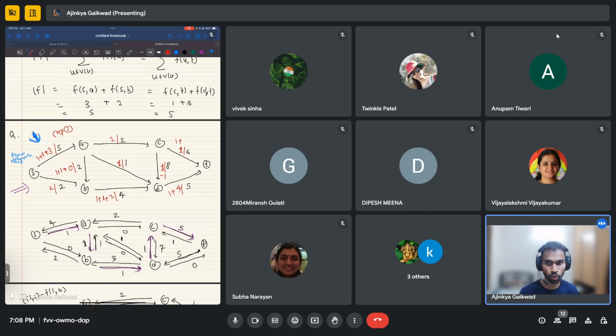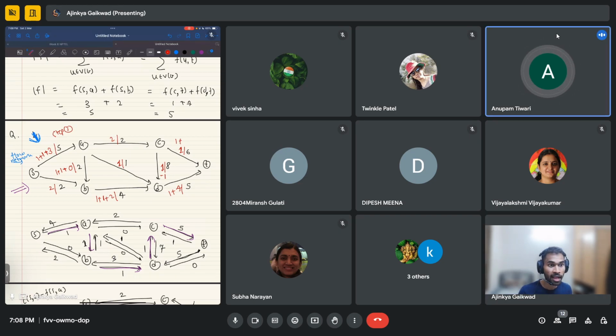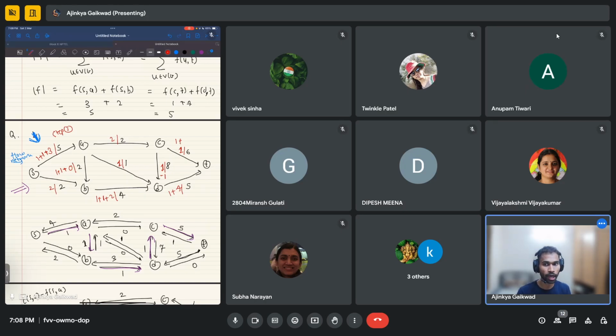Is reverse flow possible? No, so that's what I'm saying. How do I use the augmenting path to increase the flow? While I'm going along that direction inside the residual network, I went from S to A, I had an edge. From A to B, I had an edge.